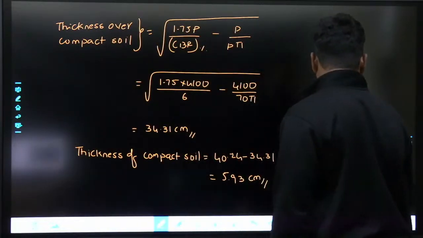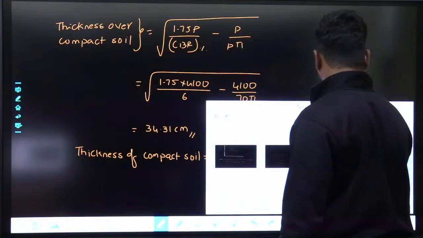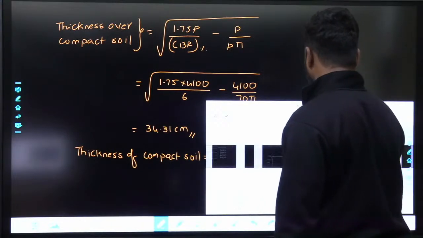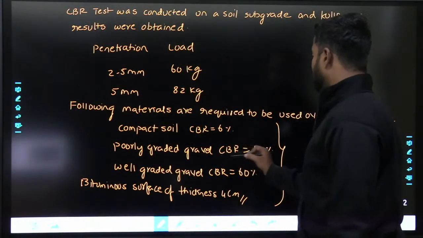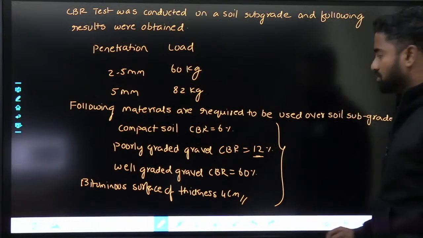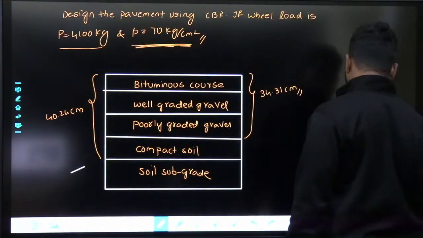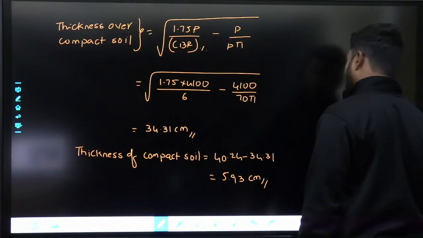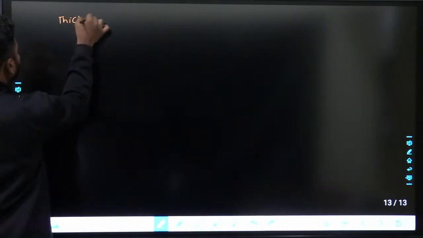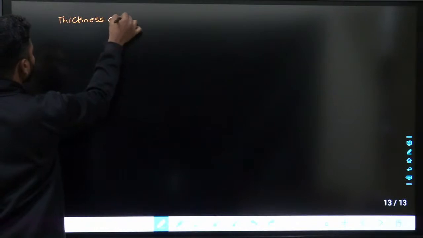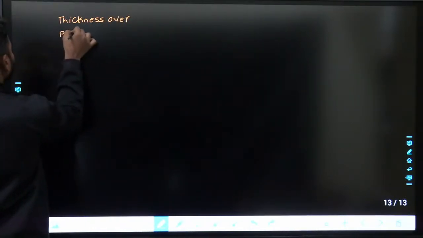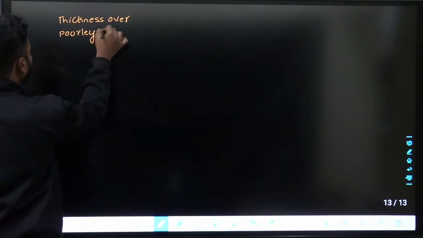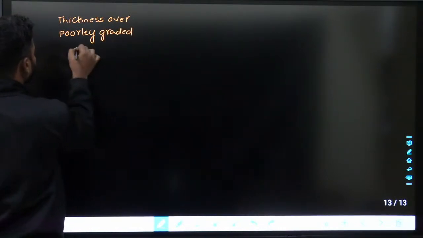Next, what else is given to you? CBR of poorly graded gravel is given, that is 12%. If I use that CBR, then I'll get the thickness over poorly graded gravel.